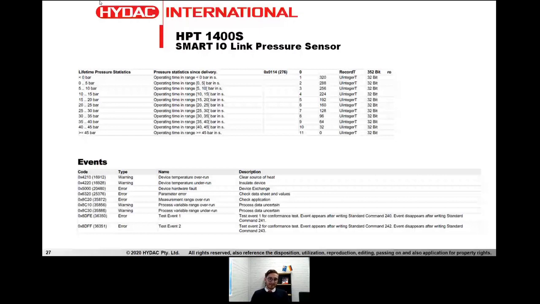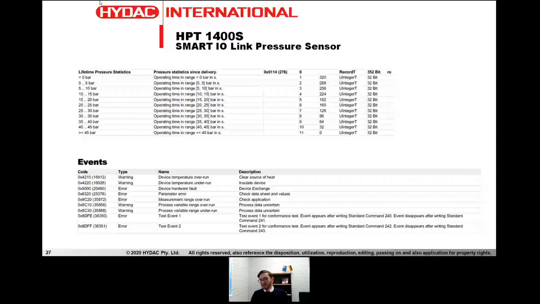But if you have a sensor like this, and the fault was to do with the sensor, you'd know what the issue is before you even have to go to the sensor. For example, we can tell if the sensor is in an environment where it's too hot, or too cold, or if the sensor's gone above range. In particular, it monitors itself, and it tells you there's a device hardware fault, and it tells you how to fix that.